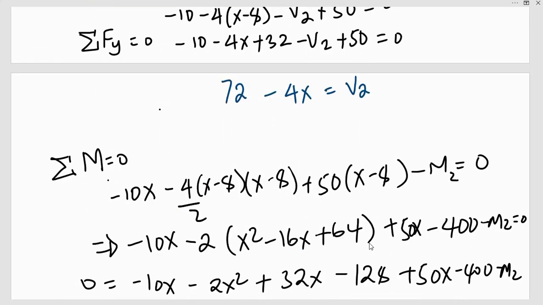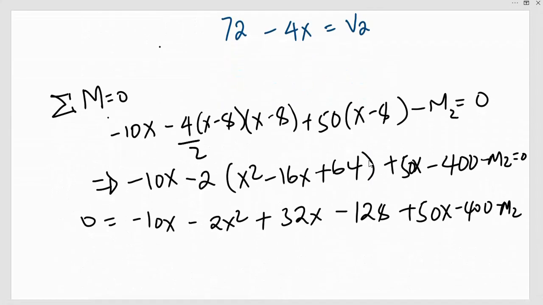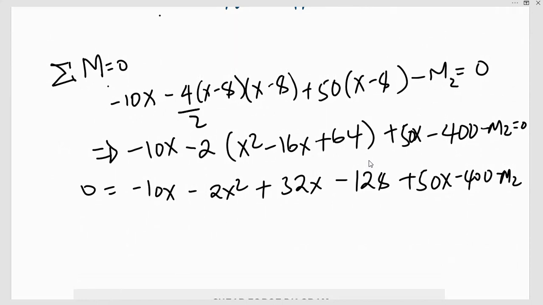Our moment will be m2, and let us see what happens. This 10 is in an anti-clockwise direction, m2 is in an anti-clockwise direction, the 4 into x minus 8 is in an anti-clockwise direction, but the 50 is in a clockwise direction. So that's why we are saying it is minus 10x minus 4 into x minus 8 times the distance.